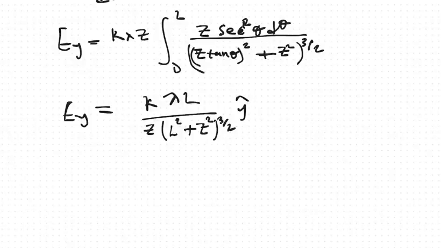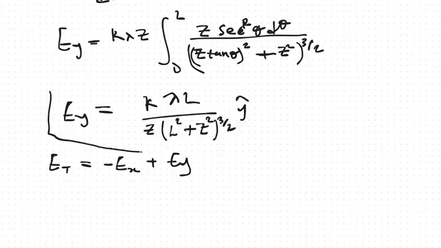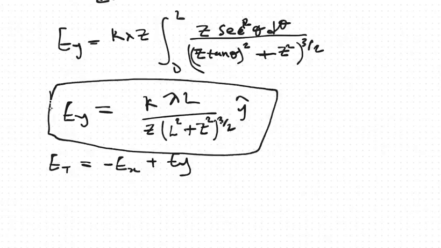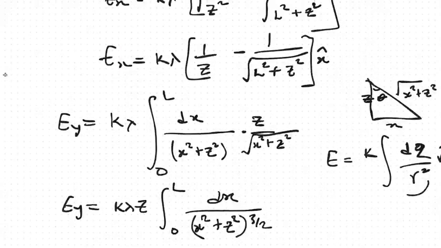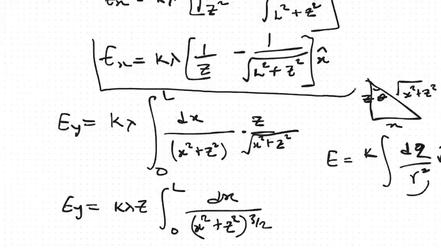So remember, we defined the total electric field to be equal to negative Ex plus Ey, and we've gotten the Ey to be this expression, and we've gotten our Ex to be this expression too. So let's sum it up.